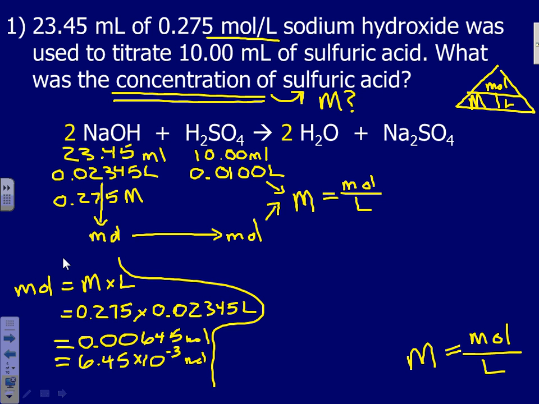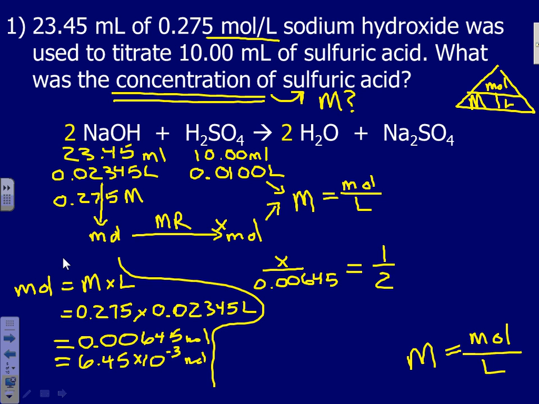Now, if you remember our steps, we now need to use the mole ratio, right? And I think we had an X in this position because that's what we were trying to find. So we've got X over the moles, 0.00645, equals 1 over 2.